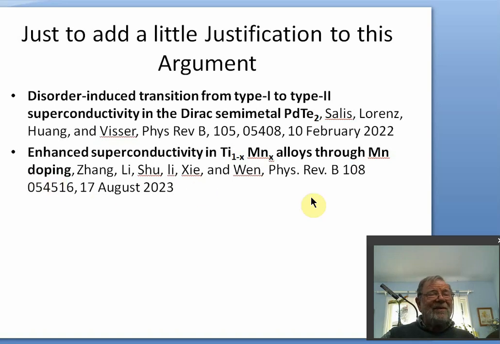So here you are changing the manganese doping, which will create greater disorder or less disorder. So I think I have a very interesting argument. Seems very possible.